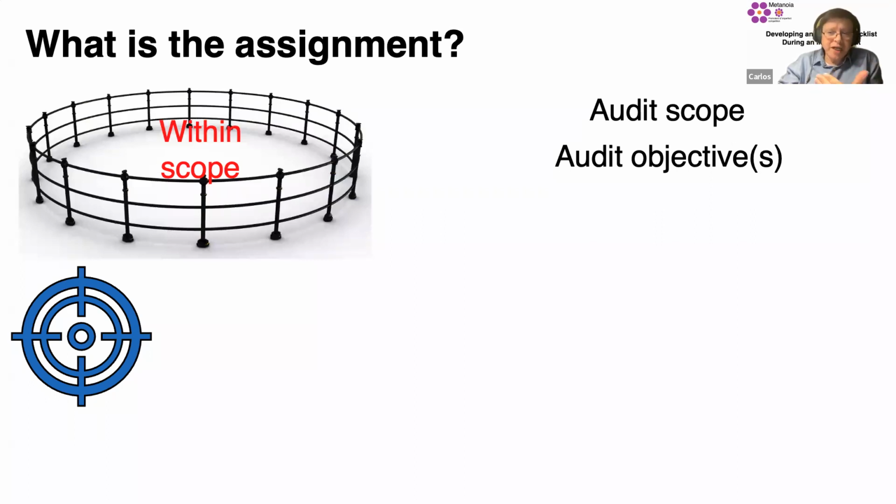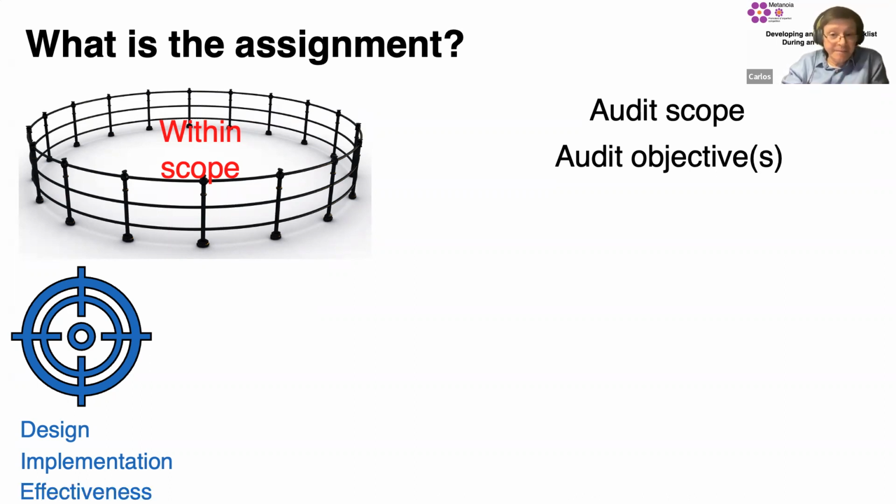The audit objectives may be about the design of the system within the scope, something like, is the system well designed? Another objective may be, is the system implemented? So, are people following the rules? Another objective may be, is the system effective?